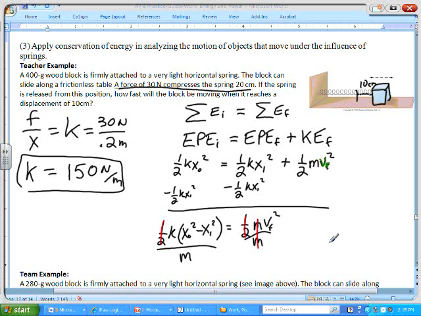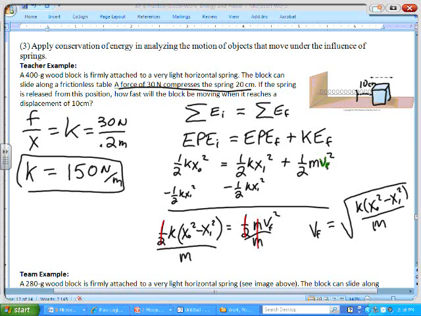So we want to take the square root of that, and in the end we're going to have the square root of k times (x naught squared minus the other x squared, so the 20 centimeters and the 10 centimeters), all divided by the mass.